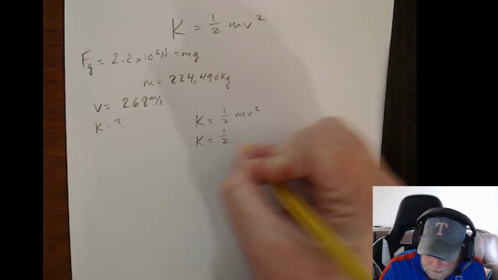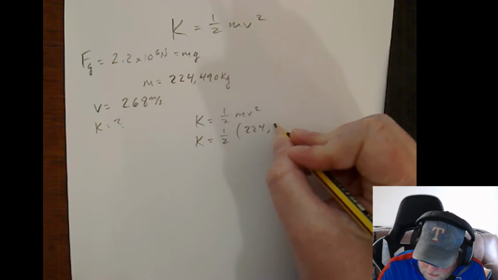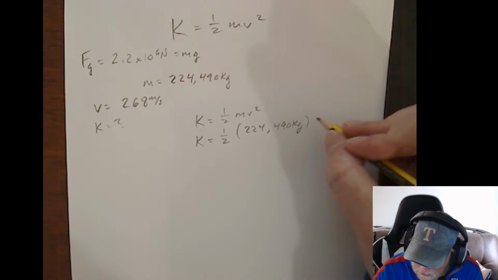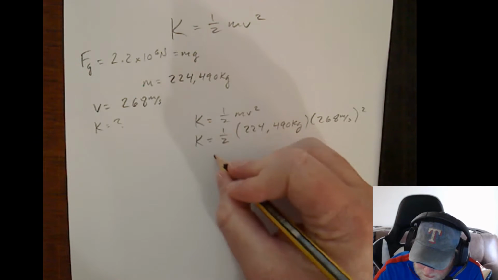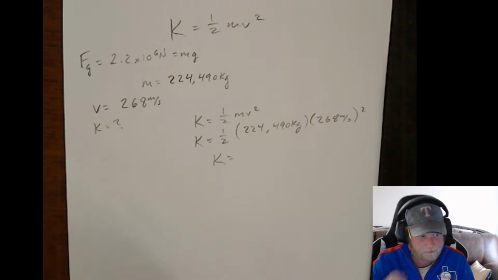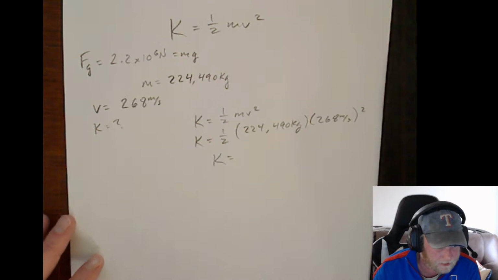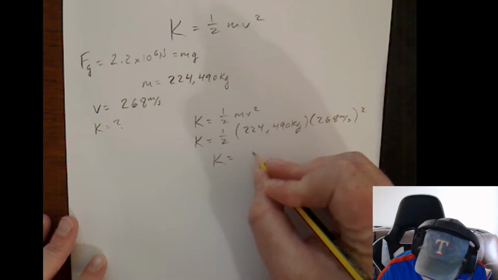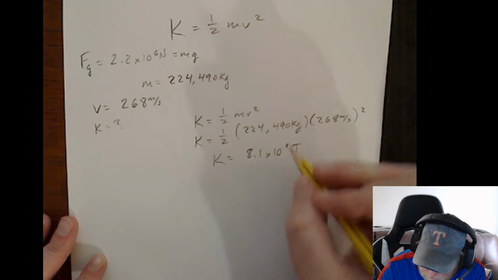So kinetic energy is 1/2 of 224,490 kilograms times 268 meters per second squared. And again, make sure you're always in meters per second when you're calculating kinetic energy. And that comes out to roughly 8.1 times 10 to the ninth joules.